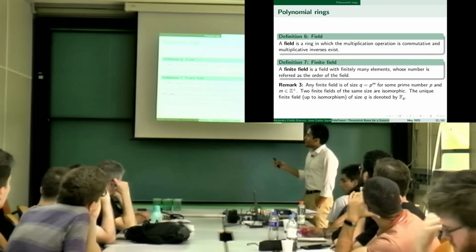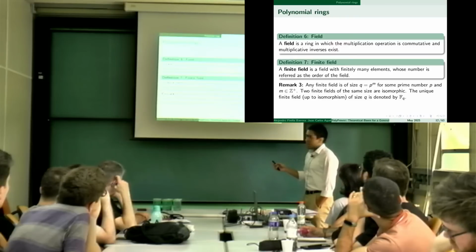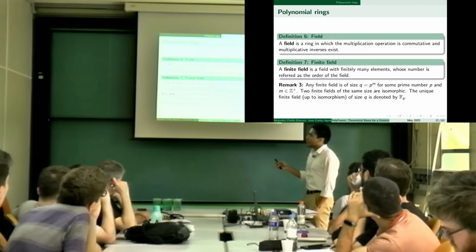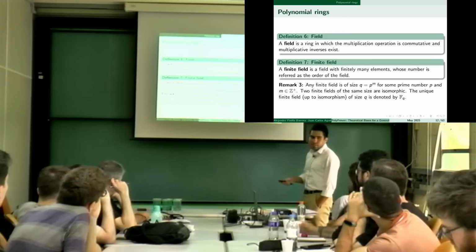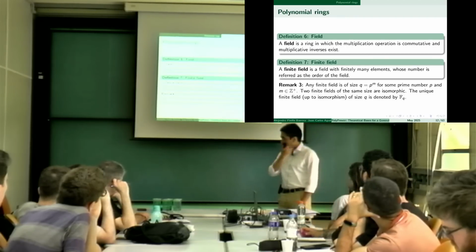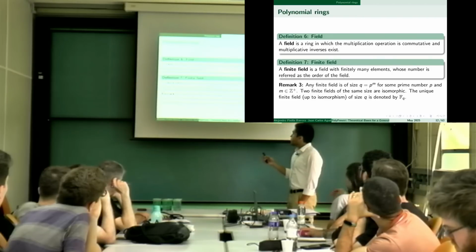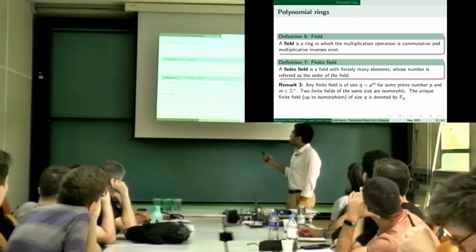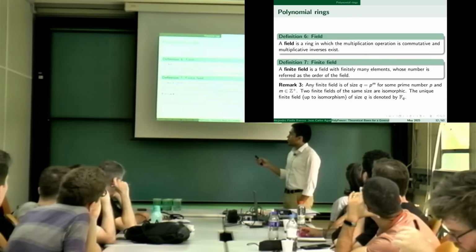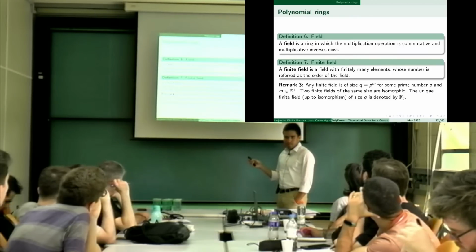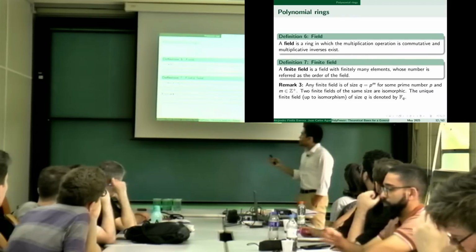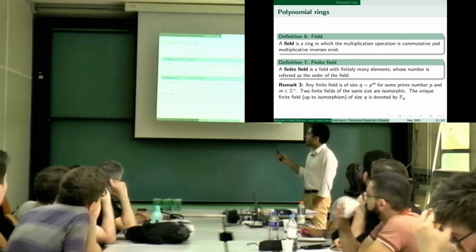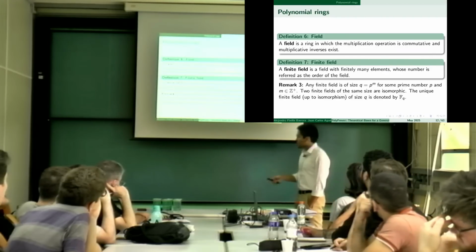But there is an interesting property from algebra, that every finite field has a size that is a power of a prime, okay? And we need to take this into consideration when we are translating logic to algebra, okay? So we are not interested in the field itself, but in the size of the field, right? So we will denote all the fields of size q by F_q.